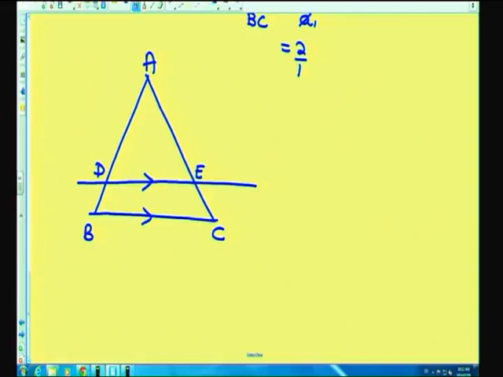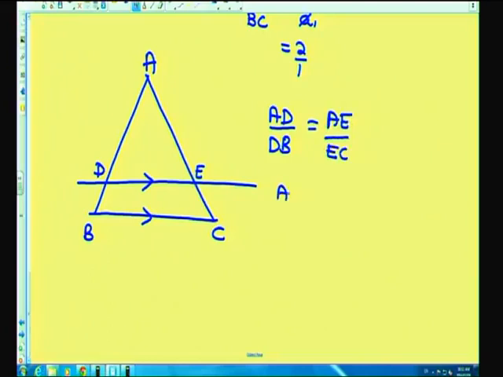So I'm saying to you that this line, this parallel line, wherever it might be, will result in the AD being proportional to the DB, the AE proportional to the EC. So that's one option. So we could say AD over DB equals AE over EC.